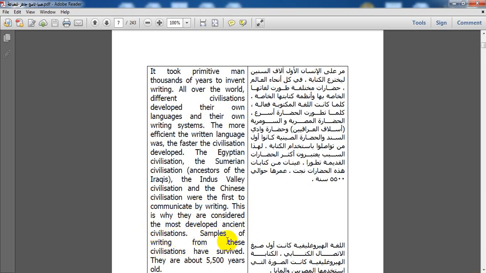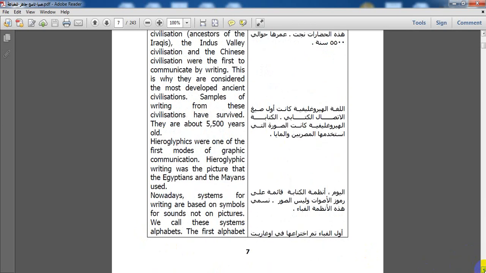Samples of writing from these civilizations have survived. They are about 5,500 years old. Hieroglyphics were one of the first modes of graphic communication. Hieroglyphic writing was the picture writing that the Egyptians and the Mayans used.